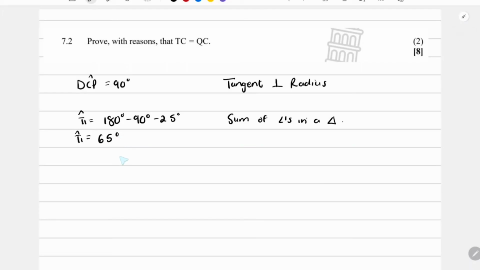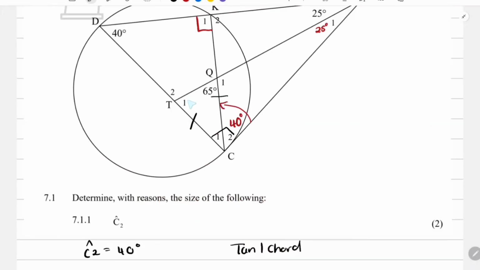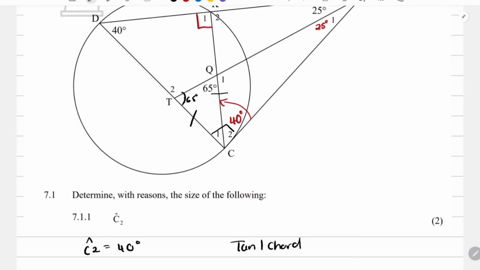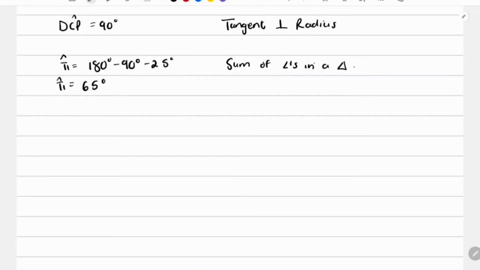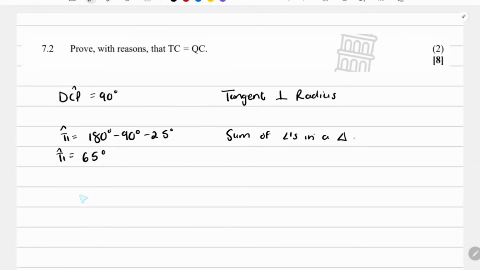Okay, so that's that. And because T1 is equal to 65 degrees, this means now that these two angles are equal. Because you have two angles equal in a triangle, it means that you have an isosceles triangle, therefore their two opposite sides are equal. So that concludes that TC is equal to QC.